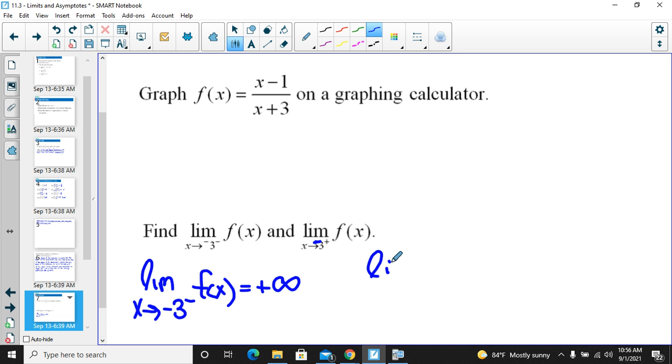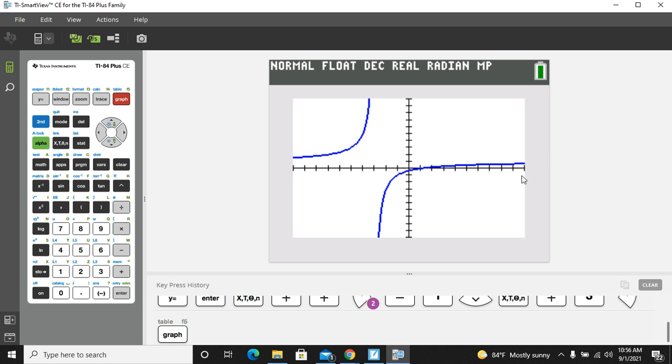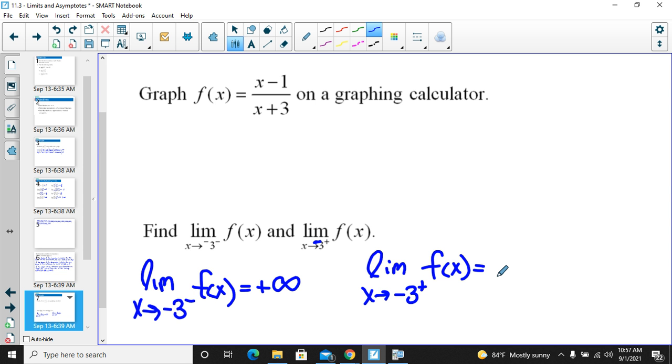And then the limit as x approaches negative 3 from the right. So as I approach negative 3 from the right side, what is my graph doing? Going down, right? Forever and ever, which is to negative infinity. All right, now, of course, what would we say about the overall limit there?